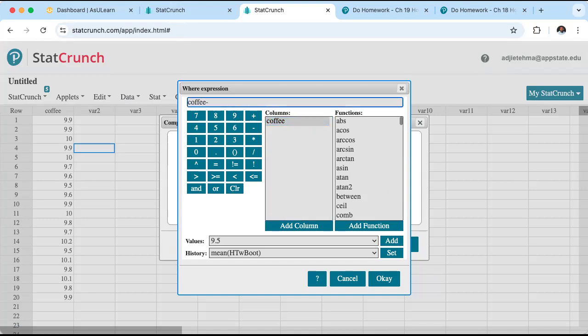Minus the sample mean. What was our sample mean? Our sample mean was 9.845, plus the mu naught, which was 10.